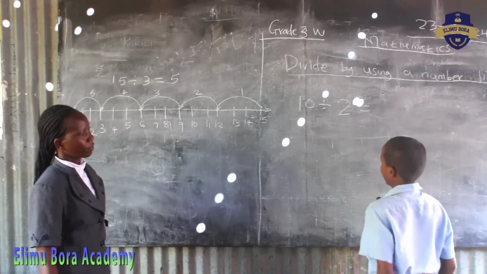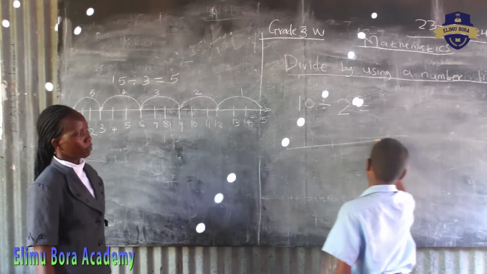We have 10 divided by 2. We draw a number line.